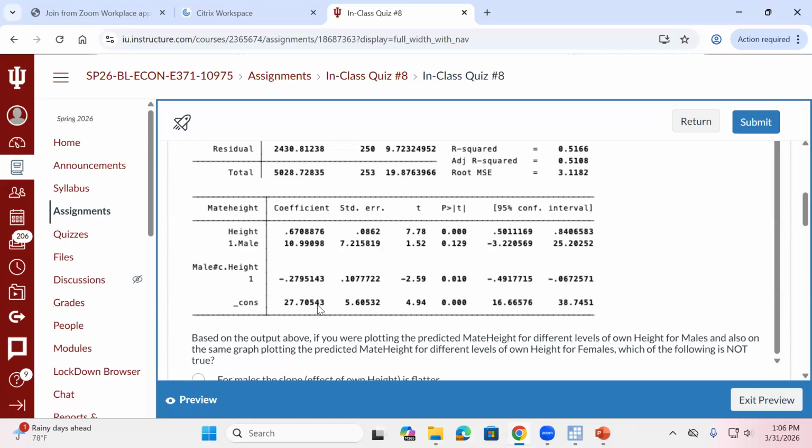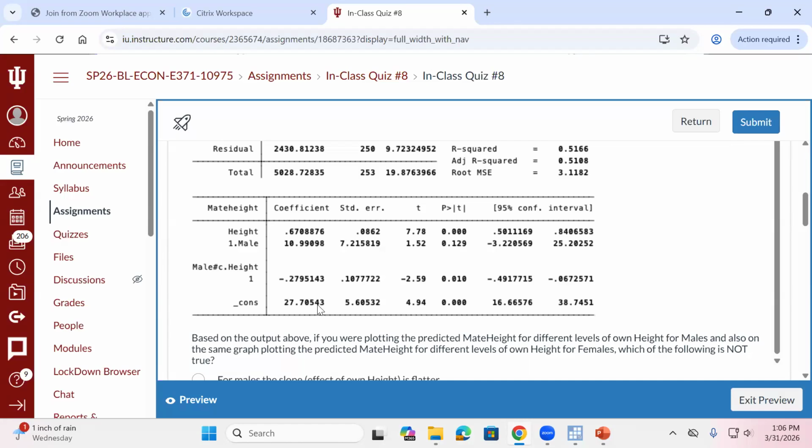So I'm interested in this relationship between an individual's own height and the height of their spouse. This is our y variable, and this is our continuous x variable.